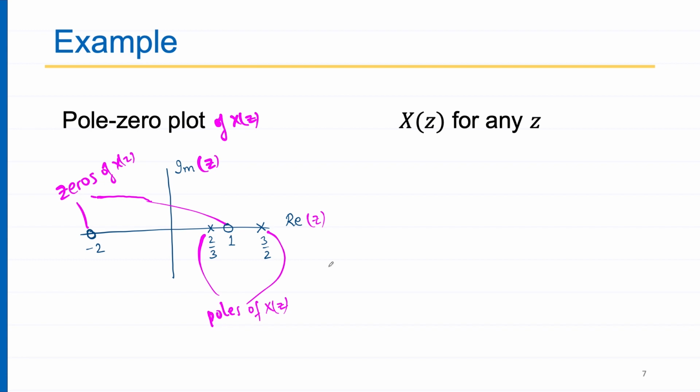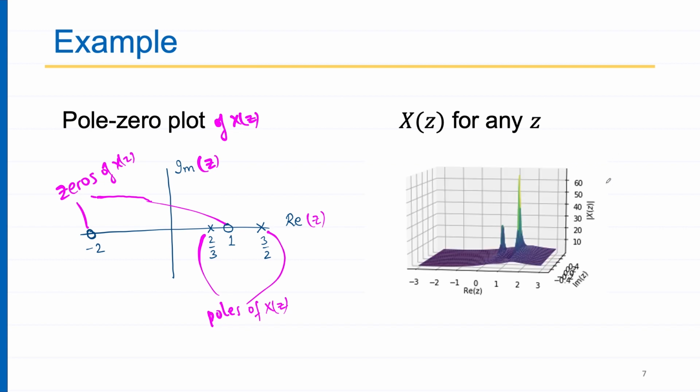Now you know that X(z) can be computed for any value of z. It's just a function of z. How will it look like? If I plot the absolute value of X(z) with respect to z, z is basically a two-dimensional surface now. This is how it looks like. You can see at almost 2 by 3 it shoots to a very high value, and at 3 by 2 it also shoots to a very high value.